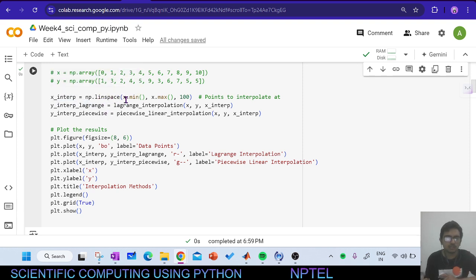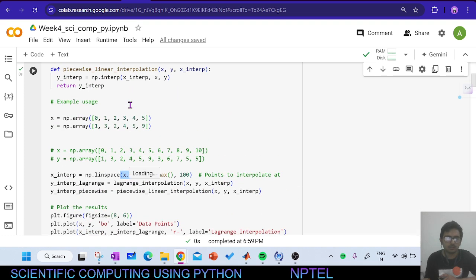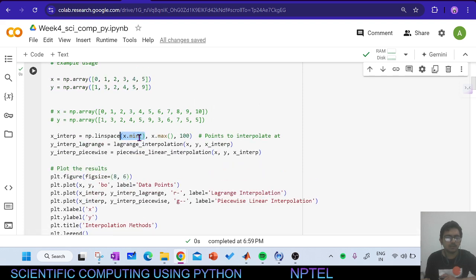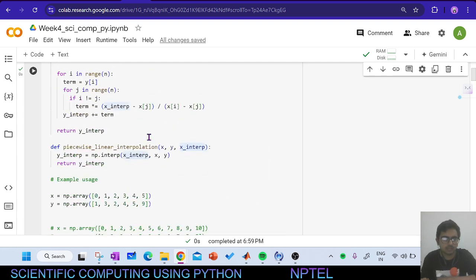So I call it x.min, the minimum value of x, because x may not be a sorted array. So we start from minimum to maximum, and let's say we have 100 points in between where we want to interpolate. And the y interpolated value using Lagrange is just this function that we defined at x, y, and these values of x_interp. Similarly, for piecewise, we have defined a function.